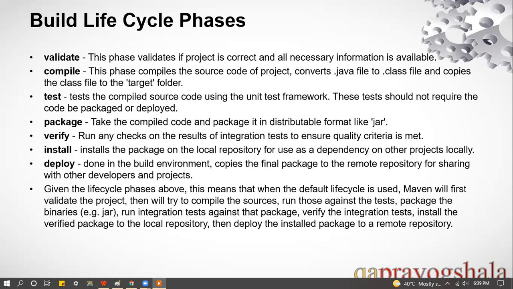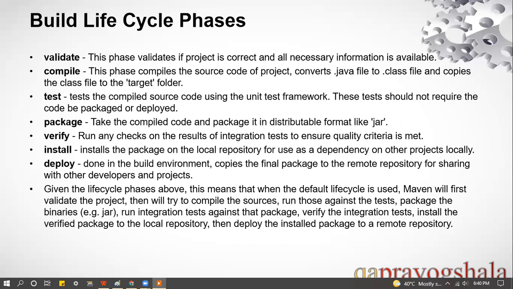The second phase is the compile phase. Let's say all the dependencies are available, so the validate phase is a success. Now we need to compile our code, because before we can run the code, we need to compile it. In the compile phase, it will compile the source code of the project.